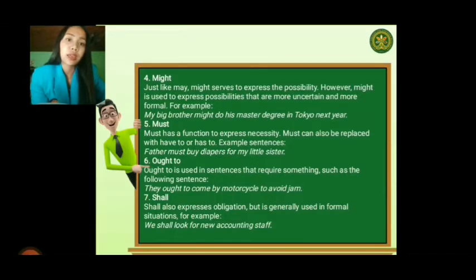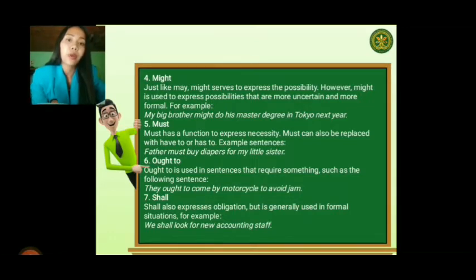Just like may, might serves to express possibility. However, might is used to express possibilities that are less certain and more formal. For example, my big brother might do his master's degree in Tokyo next year.